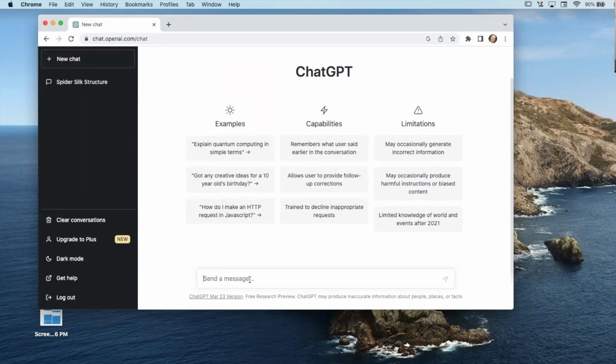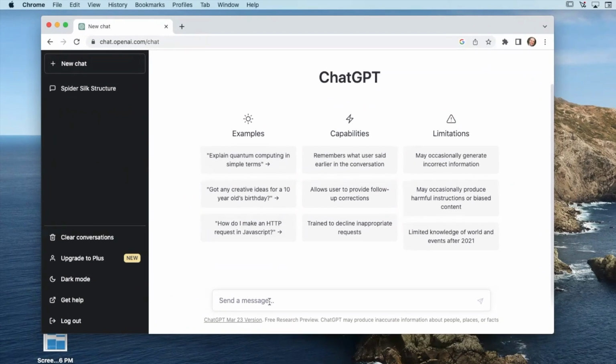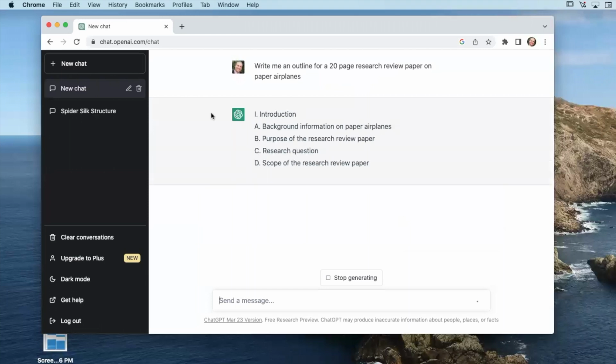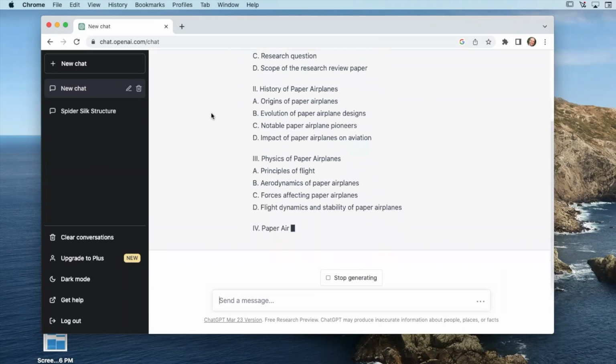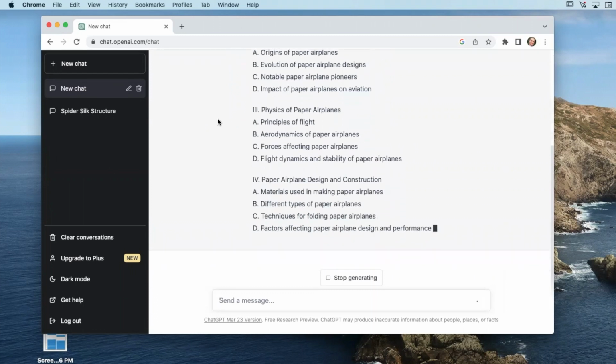Let's say, write me an outline for a research review paper on paper airplanes for a 20-page. See what it does. It's pretty good.